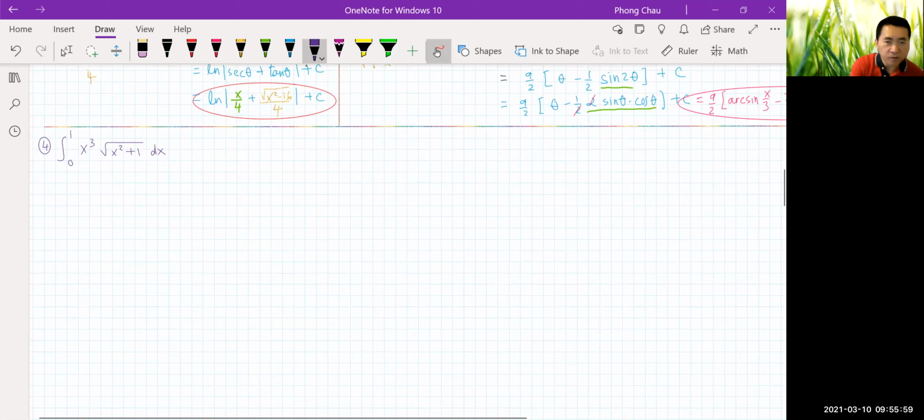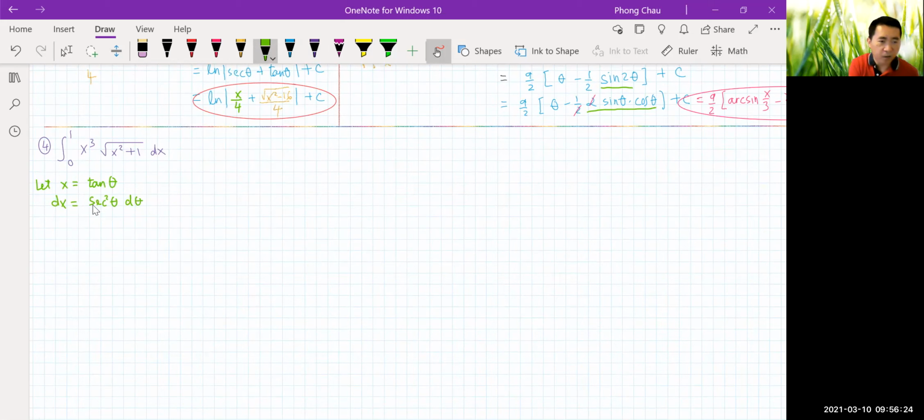With a is 1, we're gonna let x be tangent. Okay, so we're gonna let x be tangent of theta. Then your dx will be secant squared. Okay, so I always do that immediately before I forget the dx.